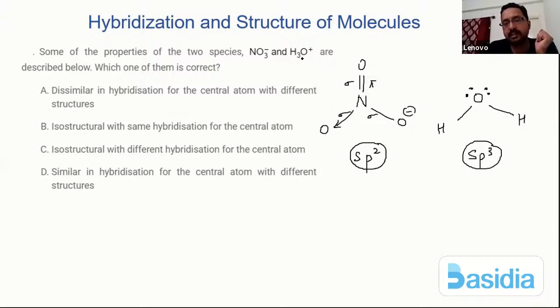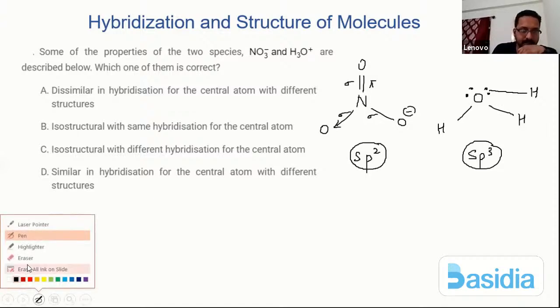Now it's an H3O plus molecule, which means using the lone pair of electrons, it has made one extra bond with hydrogen. That is the reason why it has become H3O plus.